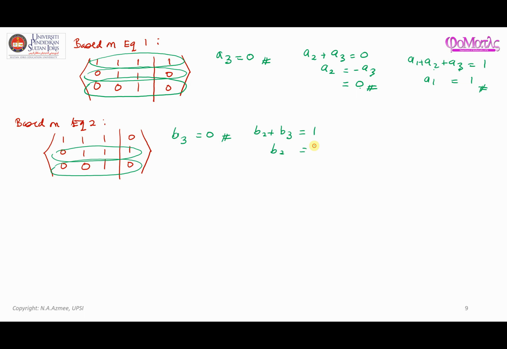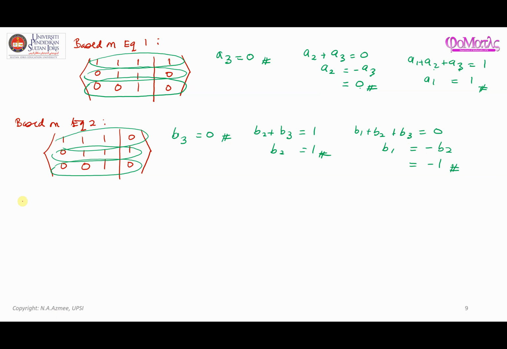So B2 is just 1. And this one is B1 plus B2 plus B3 is 0. So B1 is negative B2 because B3 is 0 already, and negative B2 is negative 1. So B1 is negative 1.